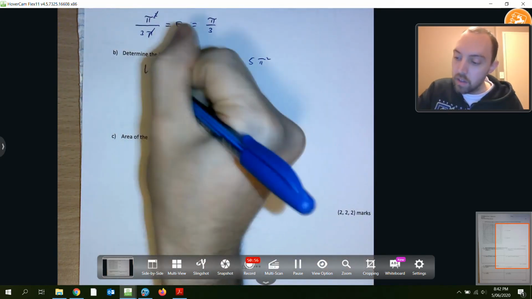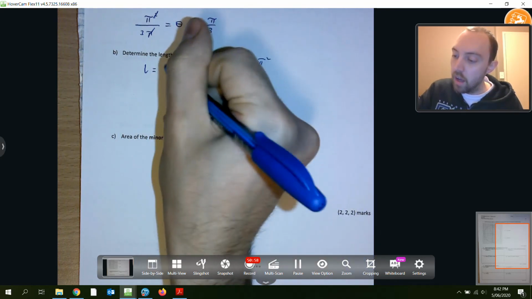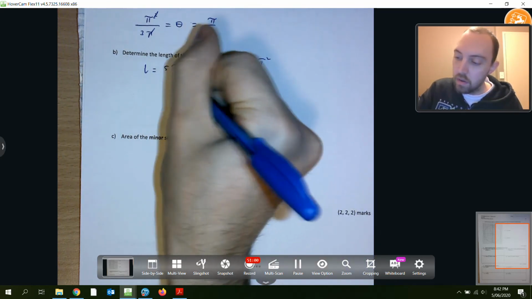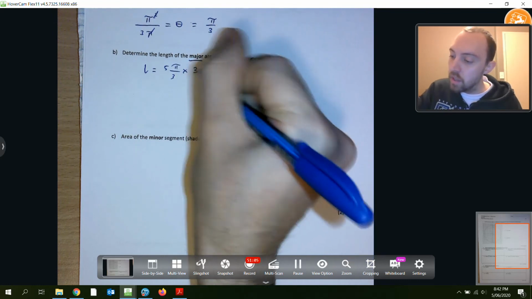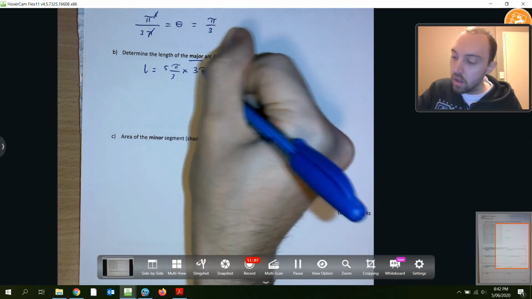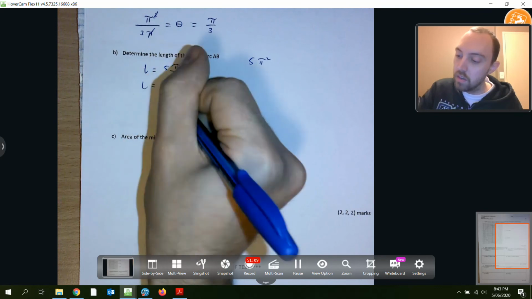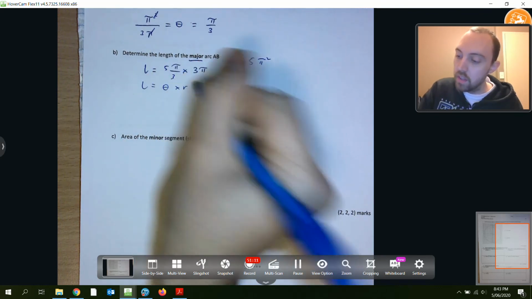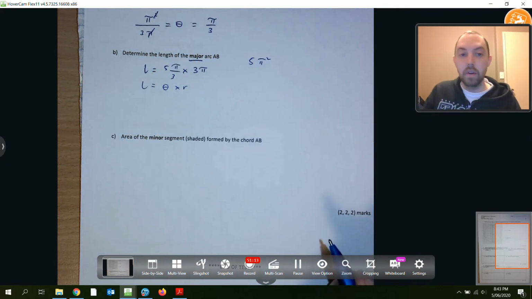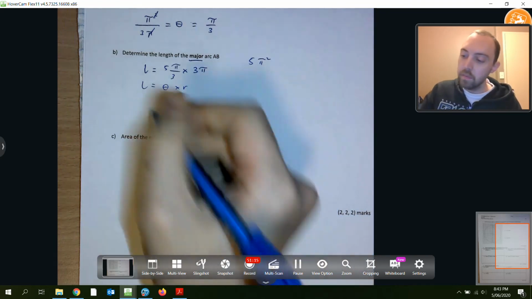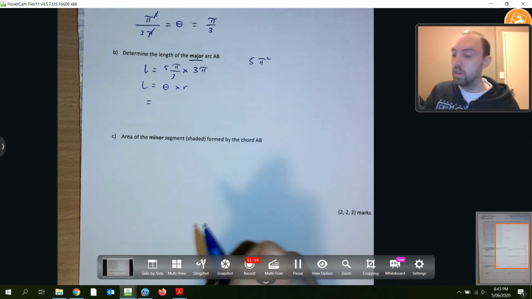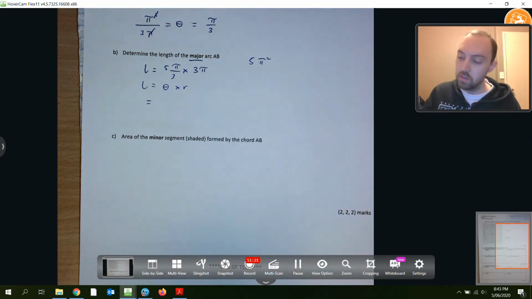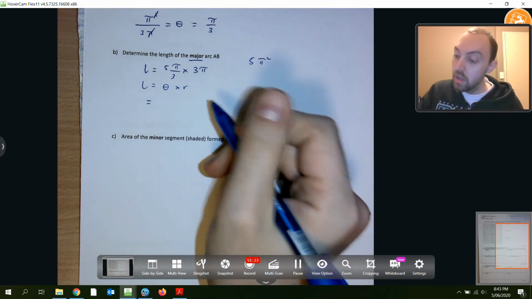My arc length L is 5 times pi on 3 times by my radius. So what I've done is theta r instead of r theta. Doesn't matter because I'm multiplying, order doesn't matter.